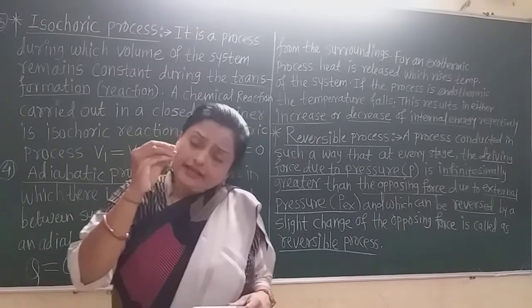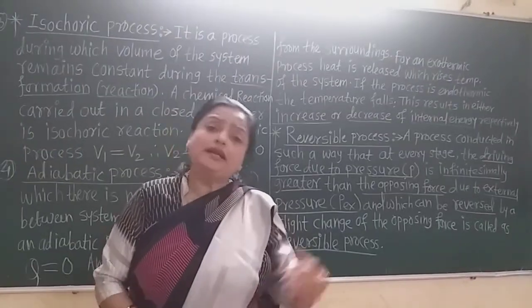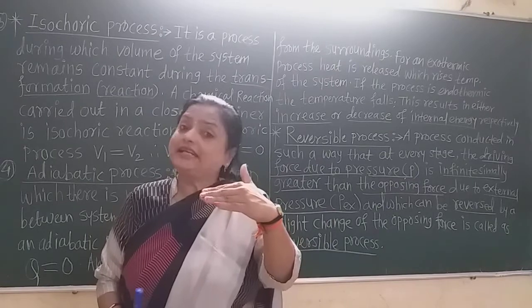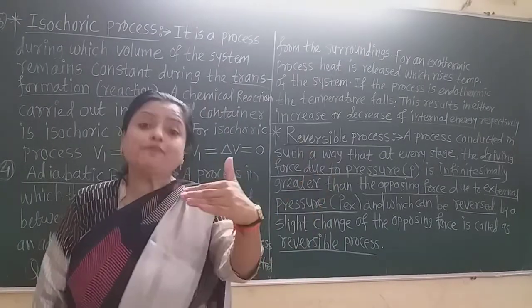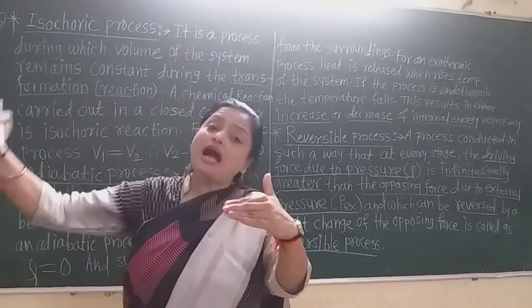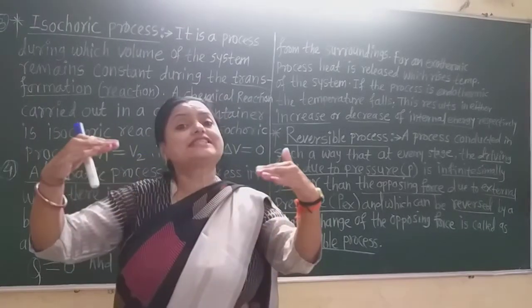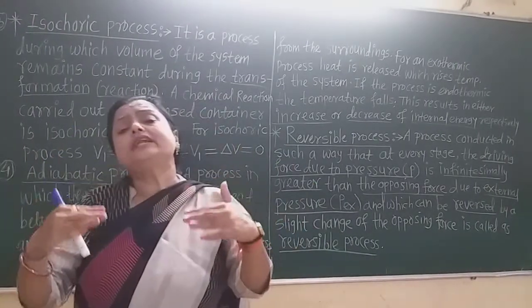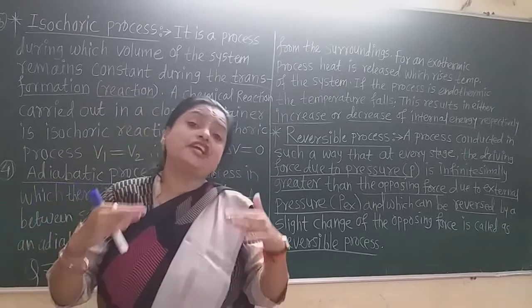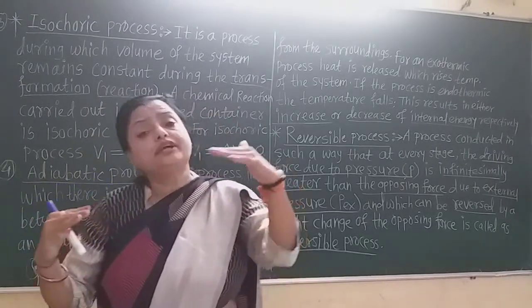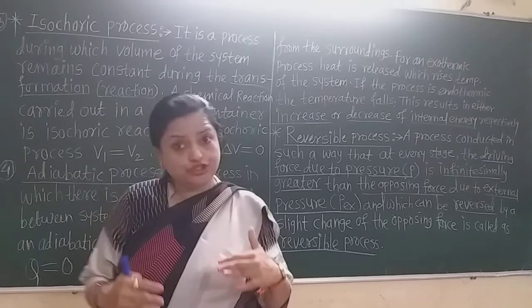That means in a reversible process, what happens at equilibrium? The driving force and the opposing force become equal, or there is only an infinitesimal, very slight change in the driving force and the opposing force.